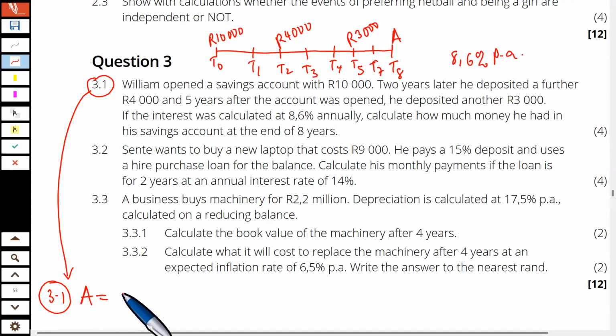Obviously we want to find exactly the amount at the end of 8 years, so we're interested in finding the total. We're going to use the formula because there's growth.